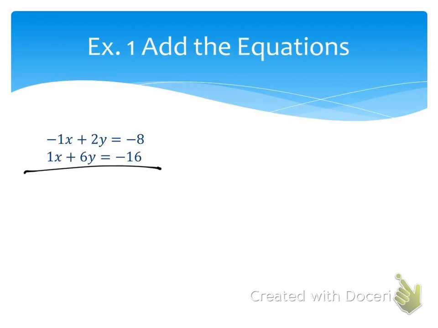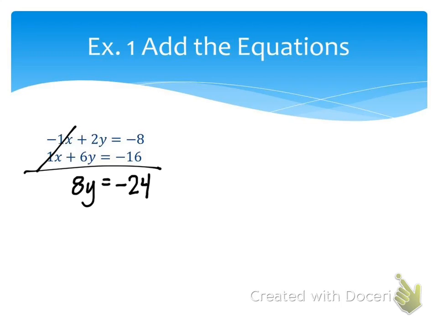Will those cancel out? Yes, it will. So what I can do is I can cancel those out and just solve the equation for y. So I'm going to add 2y plus 6y, which is 8y. You see how we're just doing an addition problem straight down. Negative 8 plus negative 16 is negative 24. Okay, now I have 8y equals negative 24.